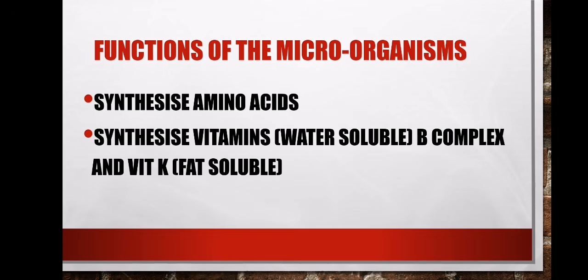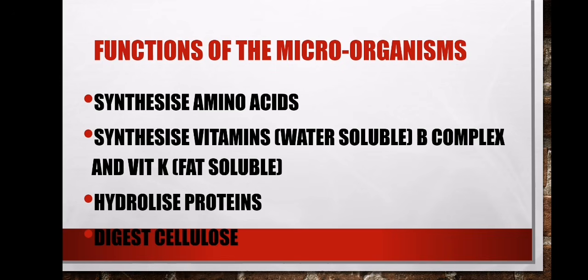We also have a second function whereby it synthesizes vitamin B complex and vitamin K using cobalt. We also say it will hydrolyze or digest proteins. It's what we have just checked now. The last one is that it digests cellulose, which is the microbial fermentation that we talked about.